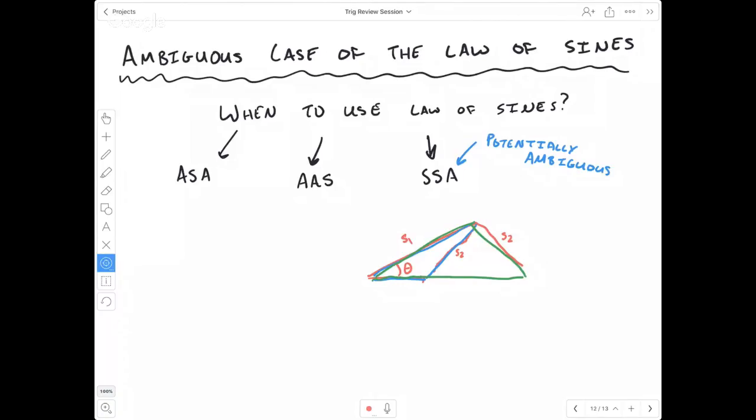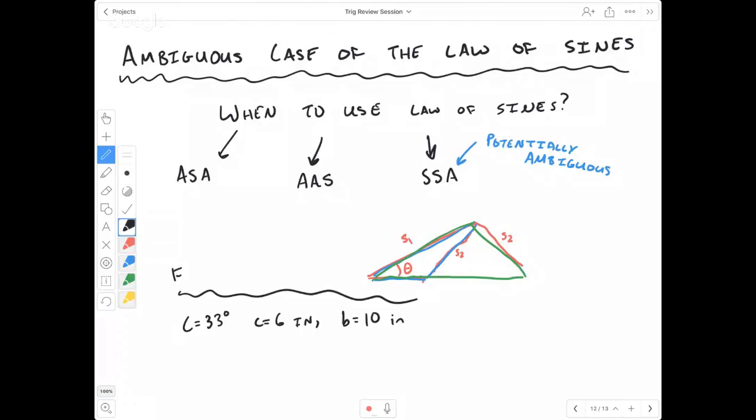So here we go. 33 degrees, 6 inches, 10 inches is the first one I found on the internet. So I'm saying, what happens if we know that an angle C is equal to 33 degrees, maybe a side c equal to 6 inches, and a side b equal to 10 inches.